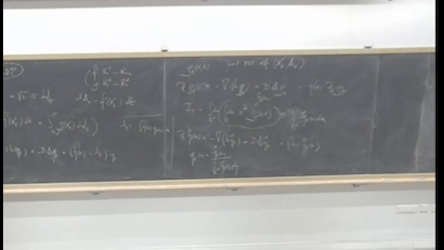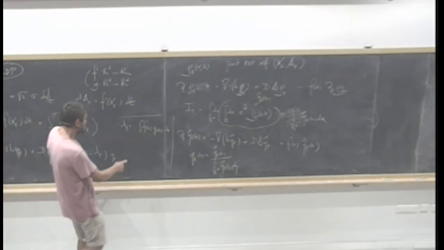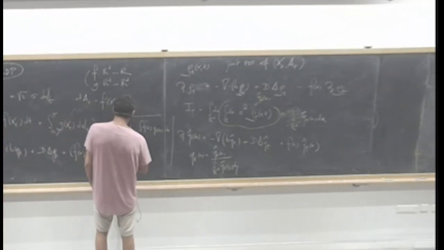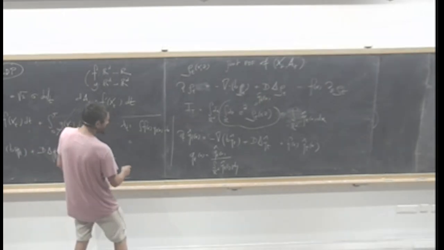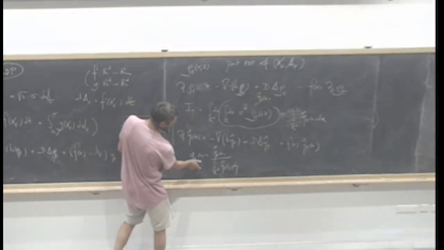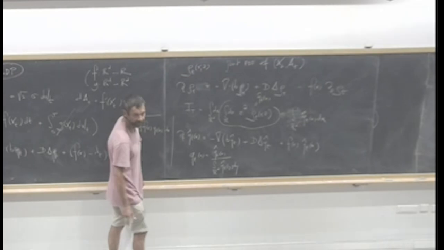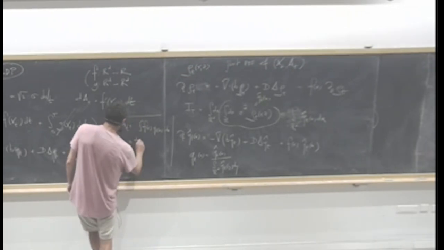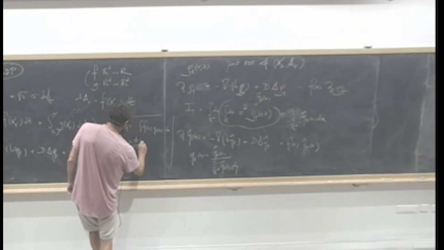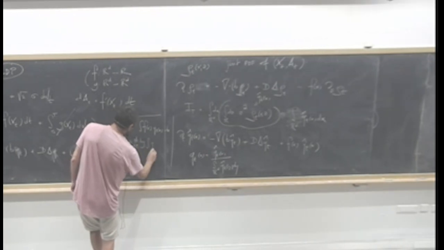Okay. And now, if you look at this, what is this? Well, it's the dt of this divided by itself. So this is also d over dt of the log of the integral of q hat of x dx.